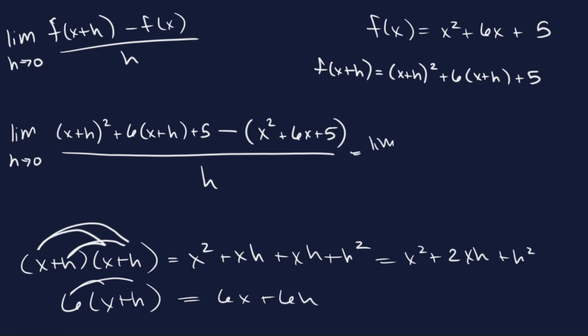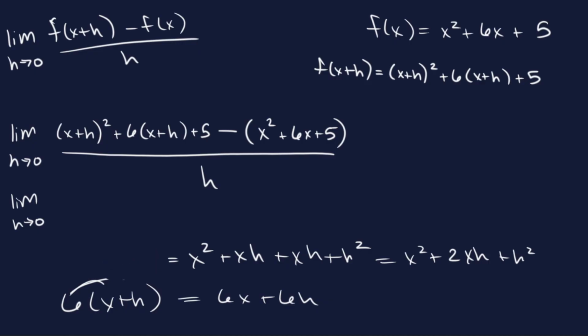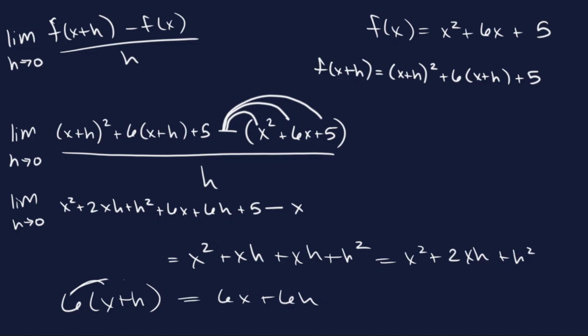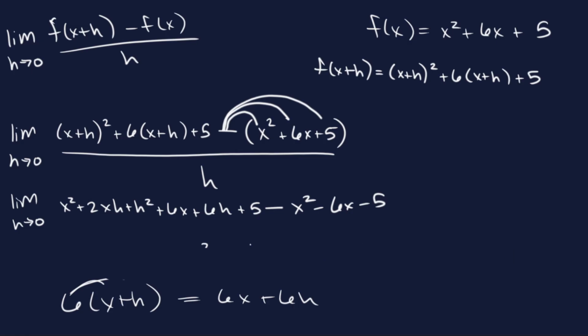It will be the limit as h approaches 0 of x squared plus 2xh plus h squared plus 6x plus 6h plus 5 minus, and we need to distribute this negative sign to each individual term. So minus x squared minus 6x minus 5, and then all of this over h.